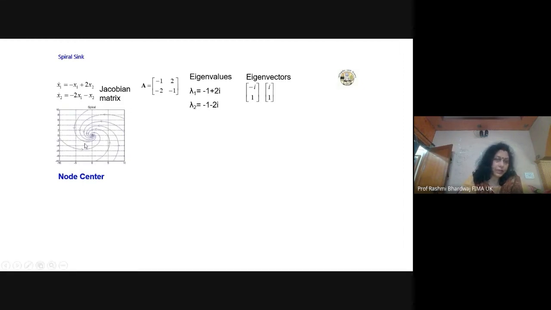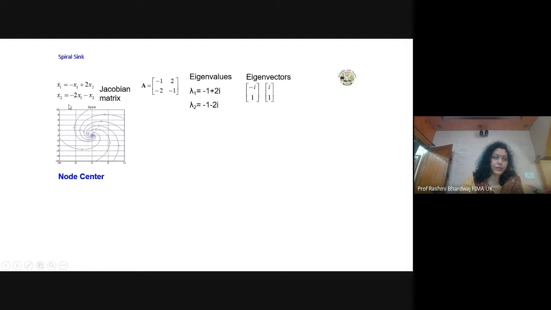And if you are taking this as minus x1 plus 2x2, minus 2x1 minus x2 and finding the eigenvalues, then you are getting again minus 1 plus 2 iota and minus 1 minus 2 iota. And if you are plotting it, you are getting this spiral as an attracting one because you have a negative real part.